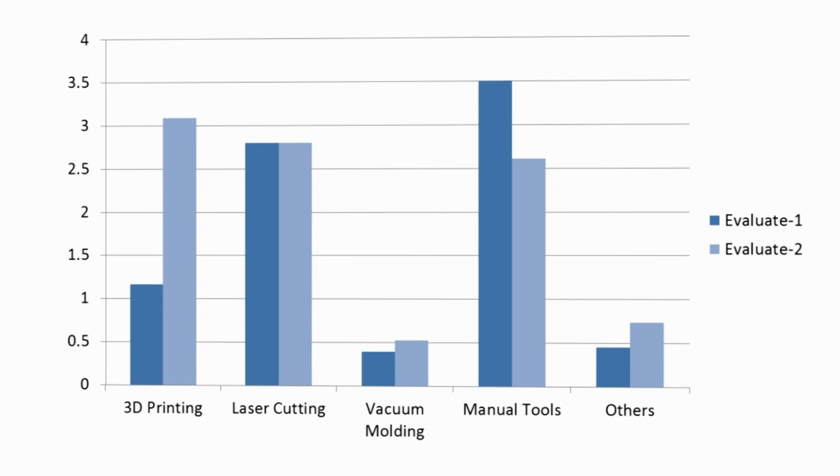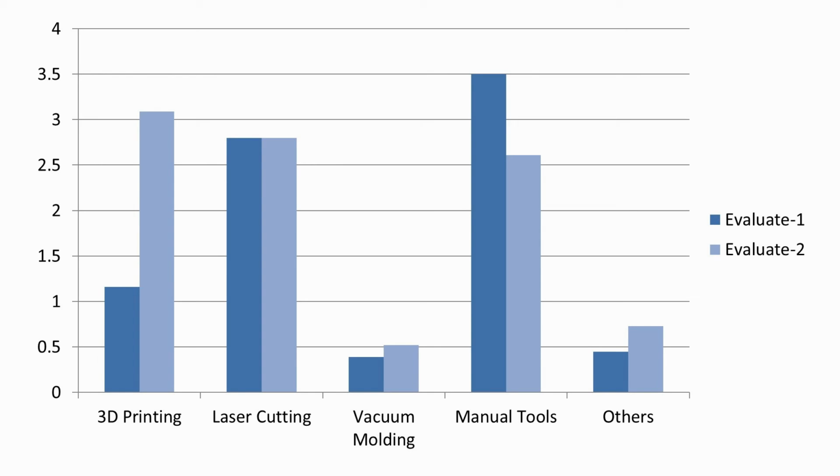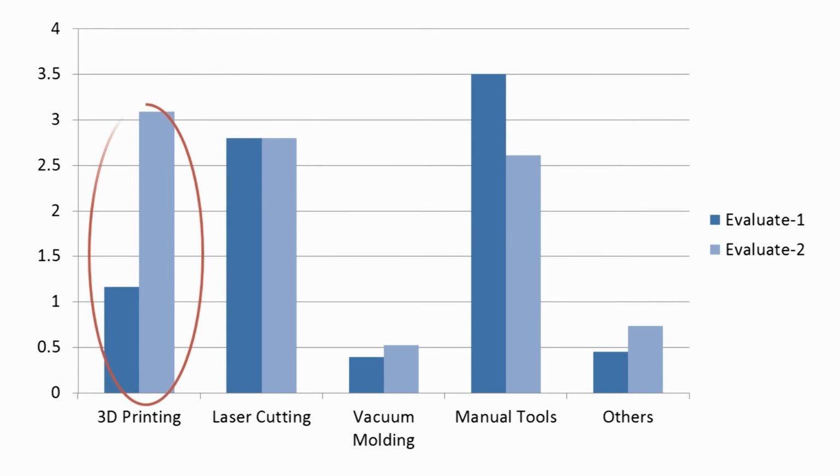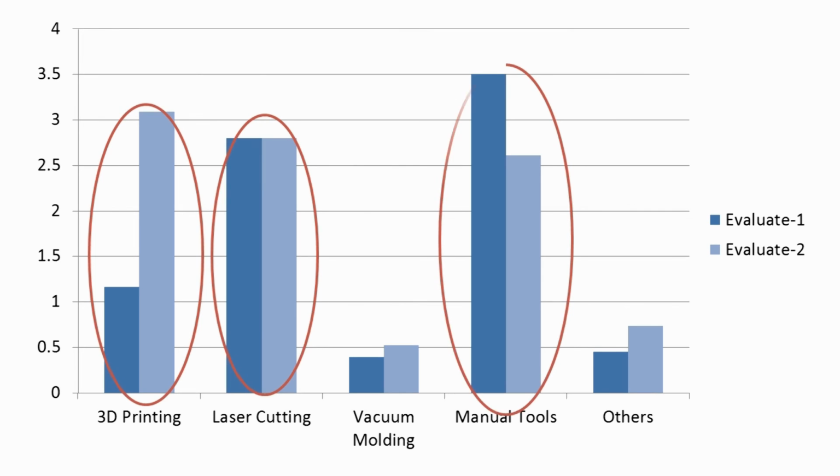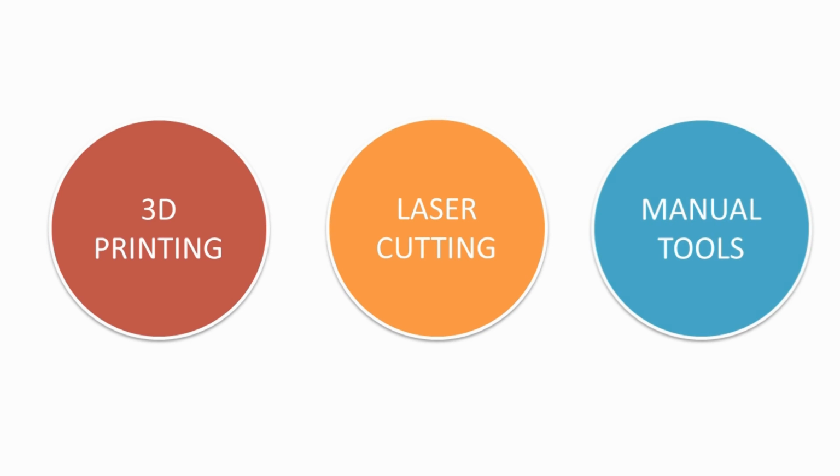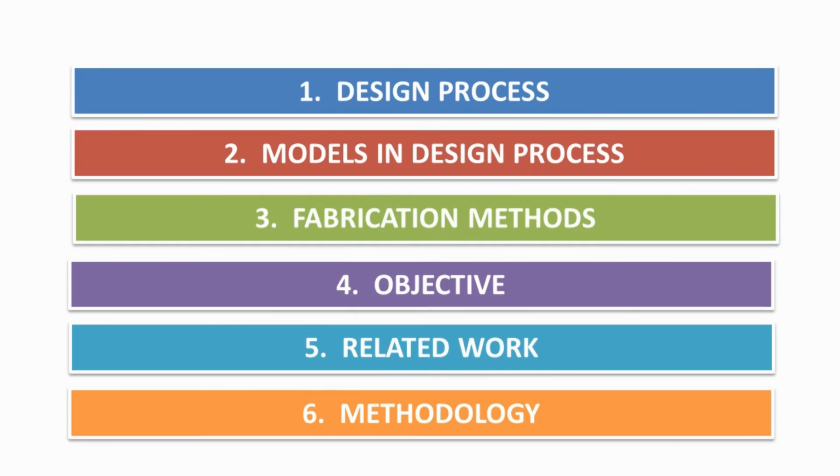The purpose for choosing each method and the level of contribution to the final design outcome will be connected. In this figure, students also give a very high score for these 3 fabrication methods. The most effective fabrication method for the design scenario will be utilized and discussed.